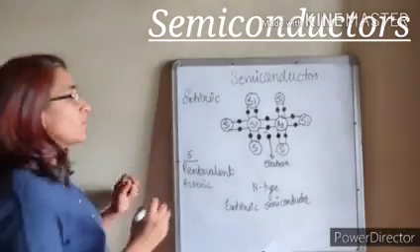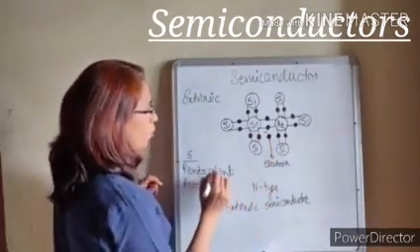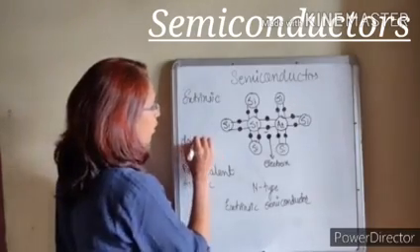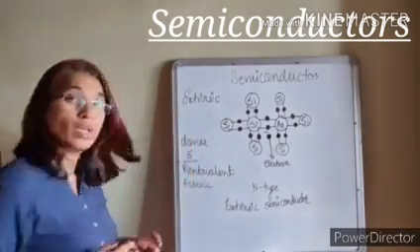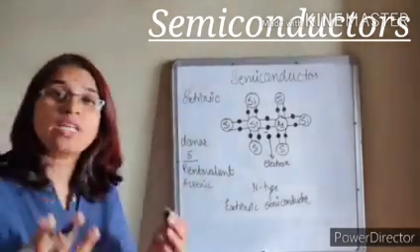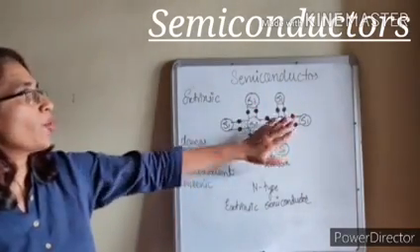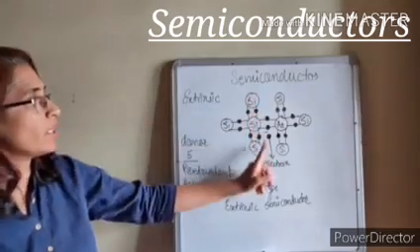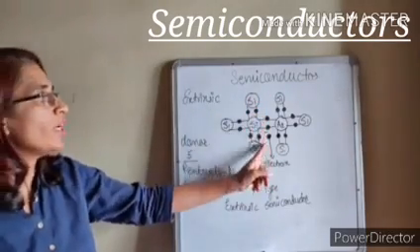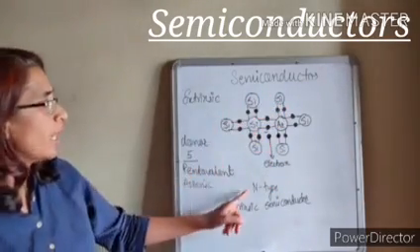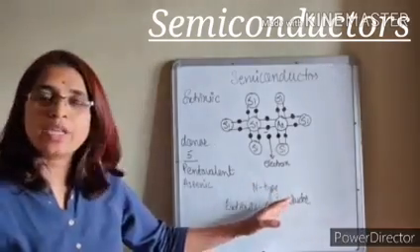So this type of impurity is also called donor impurity. Why donor? Because it can donate electron. So this type of impurity is called donor impurity, and the formed crystal having extra electrons, having free electrons, is called N type of extrinsic semiconductor.